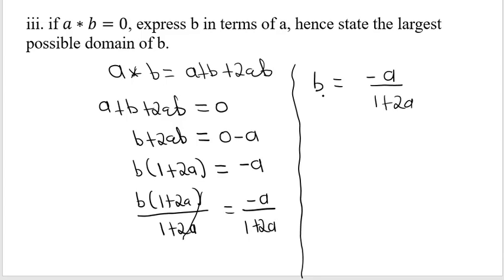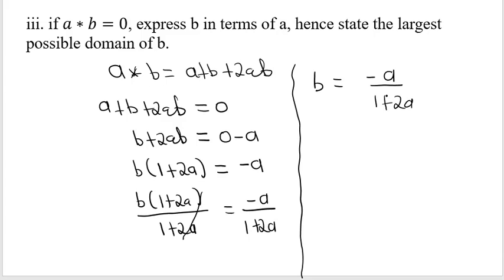The second part, it says, hence state the largest possible domain of B. B, or the expression representing B, is a fraction. So if you want to find a possible domain of B, all that we are trying to say is find the value for A that will make this particular expression defined, because domain is the set of possible values that makes a particular function defined.